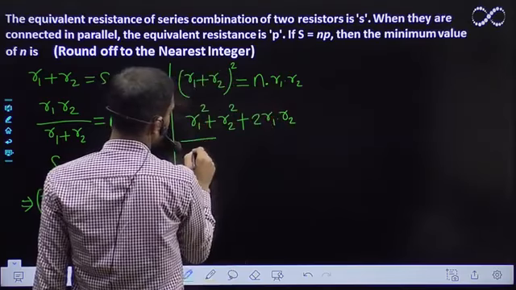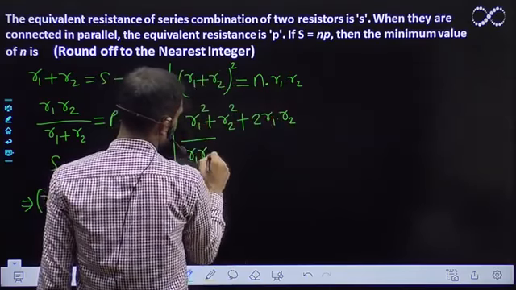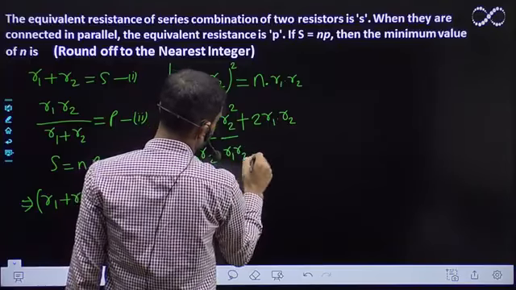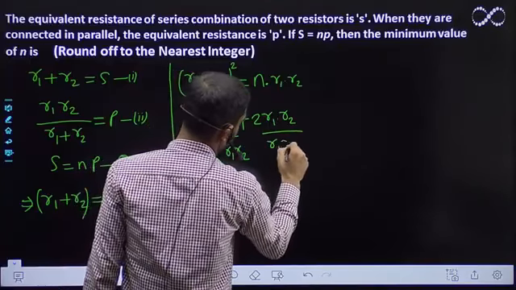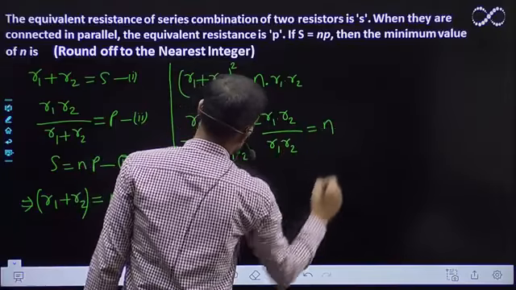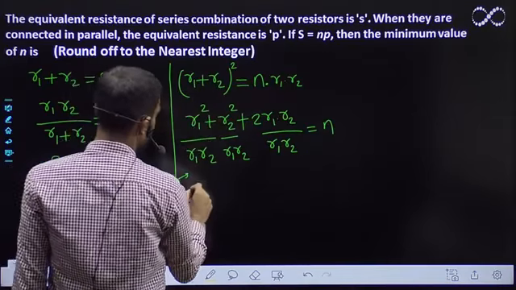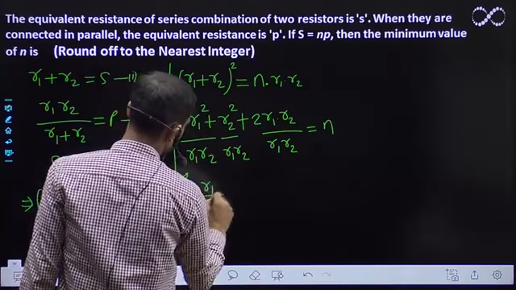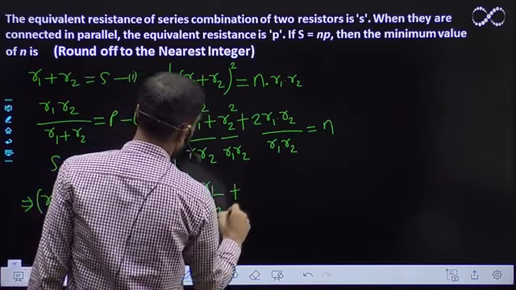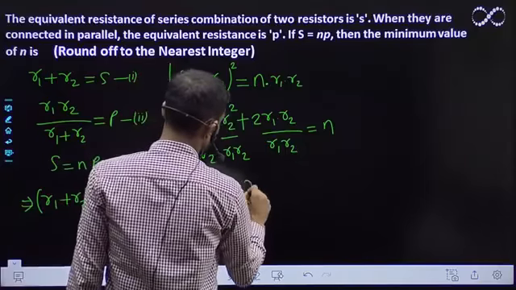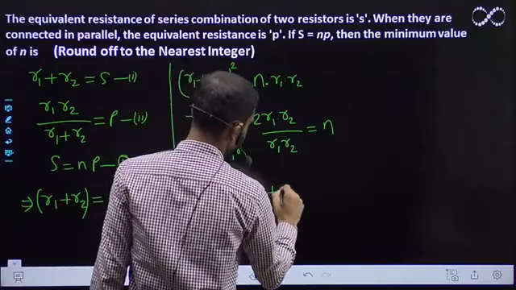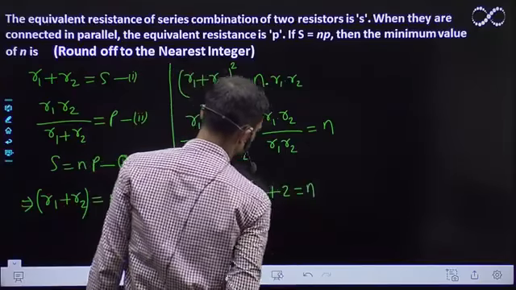So this will become R1 R2 divided by R1 R2, and this divided by R1 R2 is equal to N. So from here this will become R1 upon R2, here it will become R2 upon R1, plus 2 is equal to N.